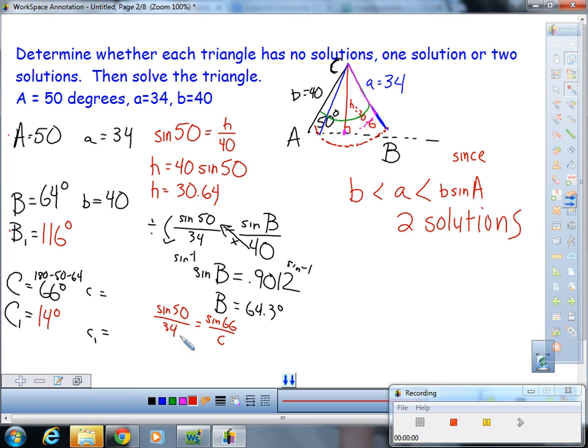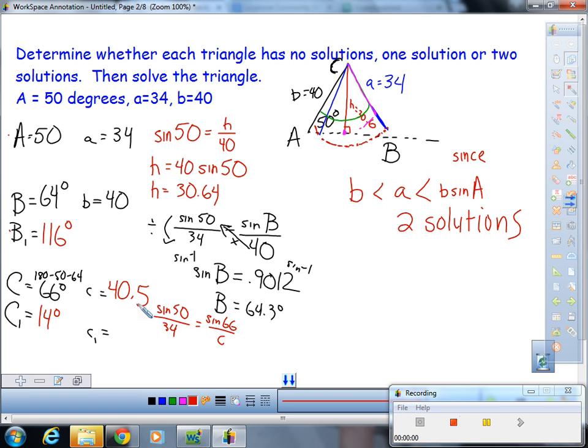You do 34 times the sine of 66 divided by the sine of 50. 40.54. Okay, now look. For 64 degrees, we got an answer of 40. So does it make sense for that 66 degrees, we'll have an answer of 40.5? You can check yourself throughout this entire process. All of your answers should make sense.